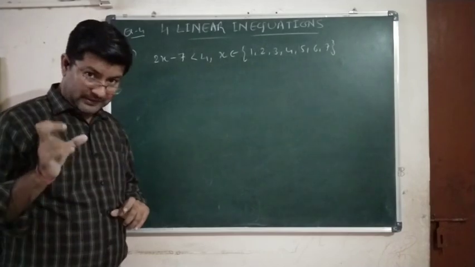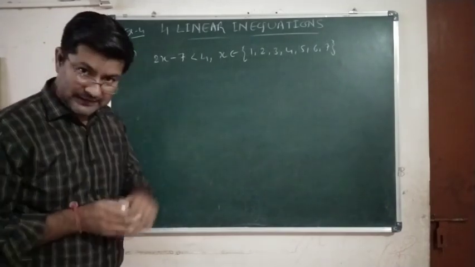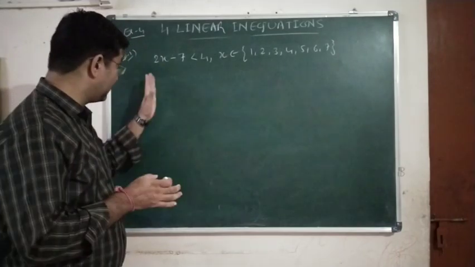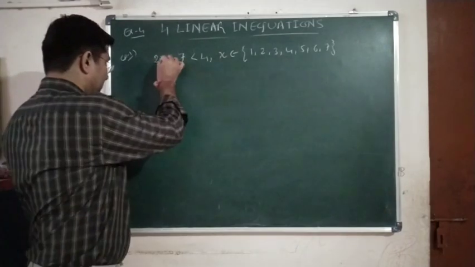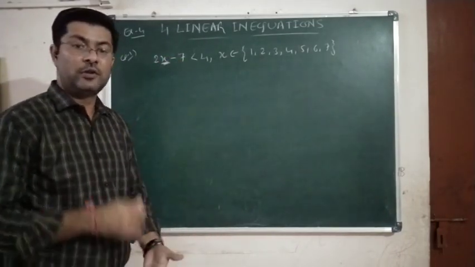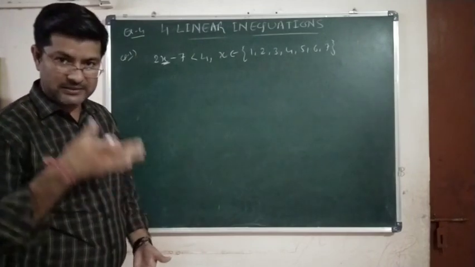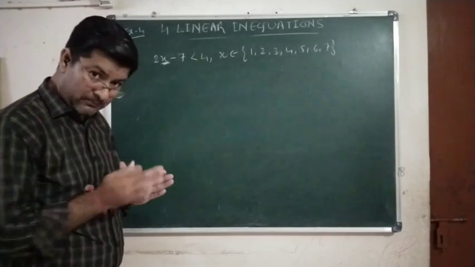Okay, so in order to find the value of x, what we will do, we will make x single. Yes or no? So we will remove all the other terms which are connected to x. Yes or no? By carrying on operations like addition, subtraction, multiplication and division. So one by one we will remove the terms.